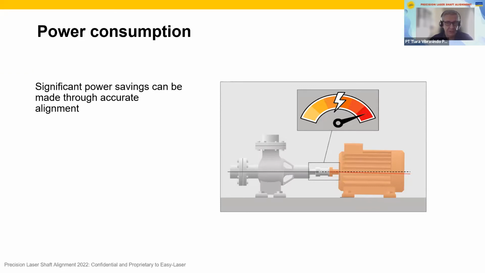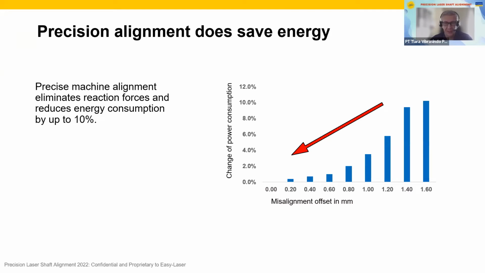The energy consumption has the greatest potential to reduce costs among all live operating machine related factors. Precise machine alignment eliminates reactional forces and reduces the energy consumption by up to 10%.